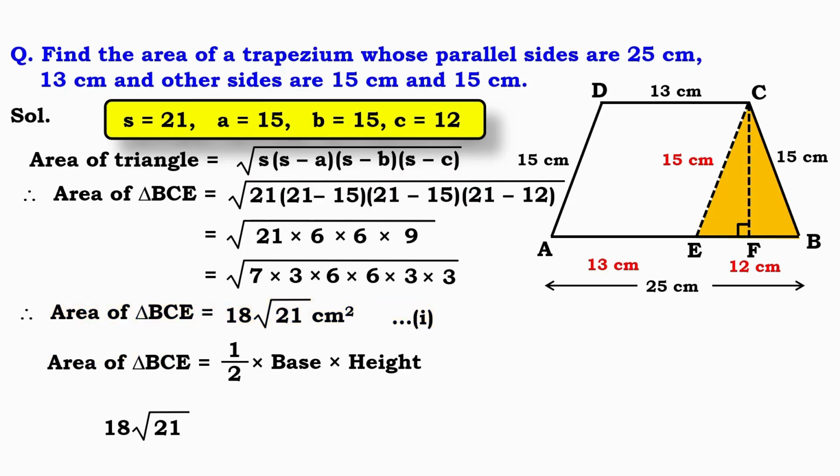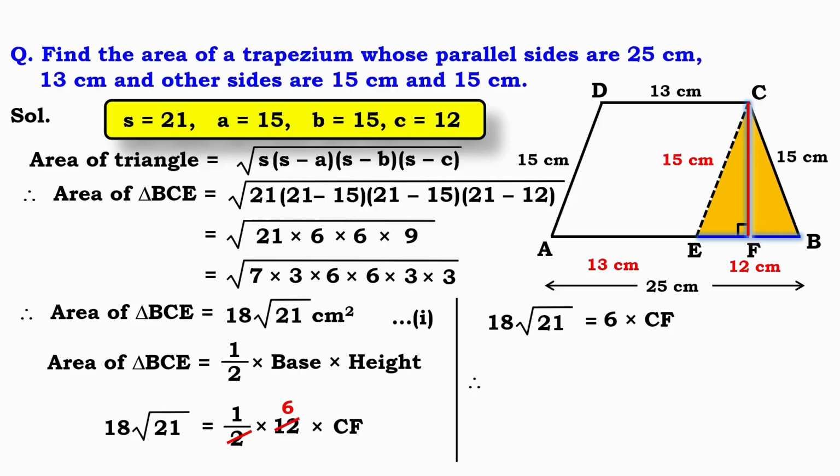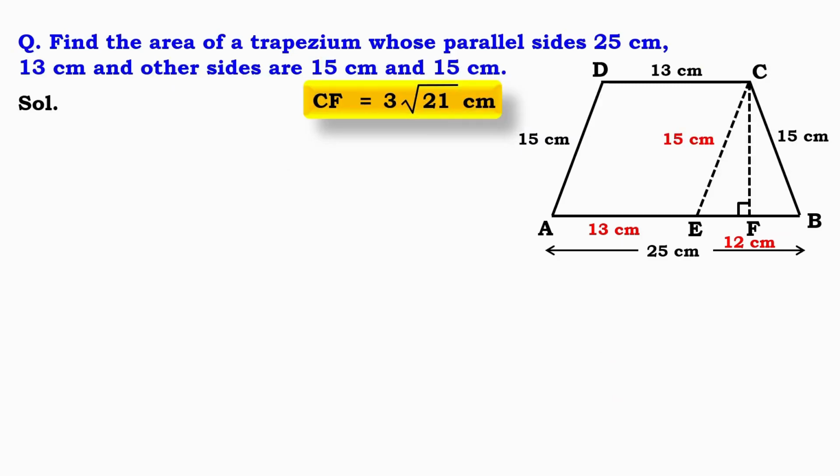So we know the area over here. Now put the base value, then we can get the value of the height. So 18 root 21 is equal to half into 12 into CF, that is 6 CF. So CF will be 18 root 21 by 6, that is 3 root 21 centimeter. So CF we got.